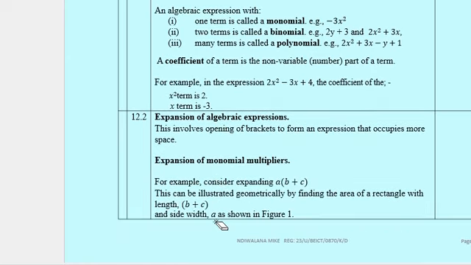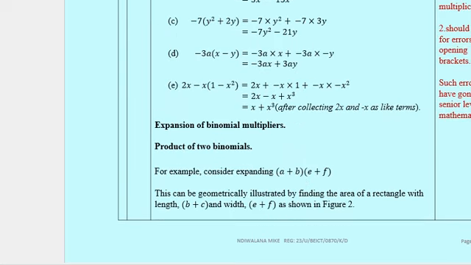So here I want to show expansion of monomial multipliers. It means that a term can be outside and multiply the terms that are inside. Let's go to the second one.